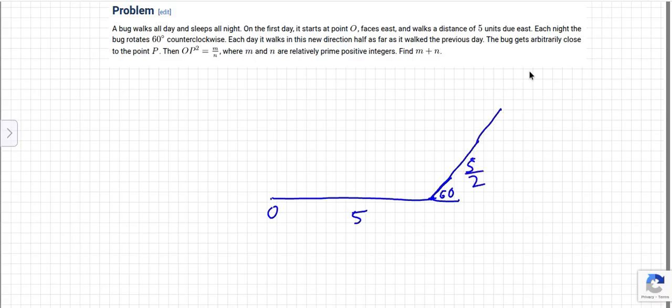Now again, from here, we're going to rotate 60 degrees like that, and go half the distance. So that would be 5 over 4. And we keep going until it gets to the point P.